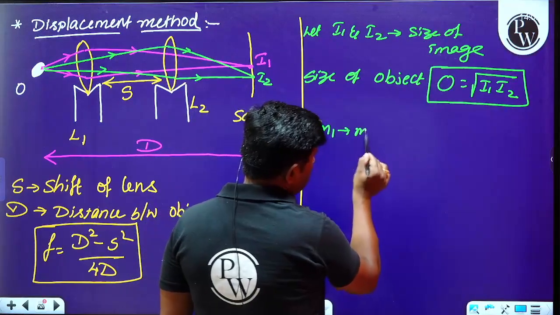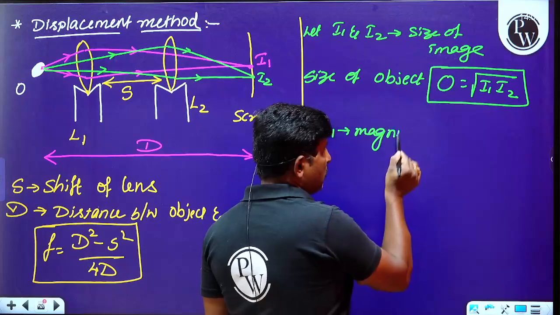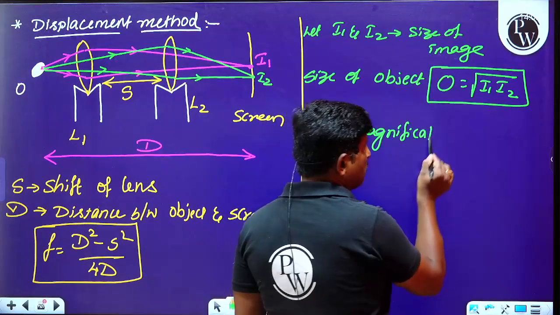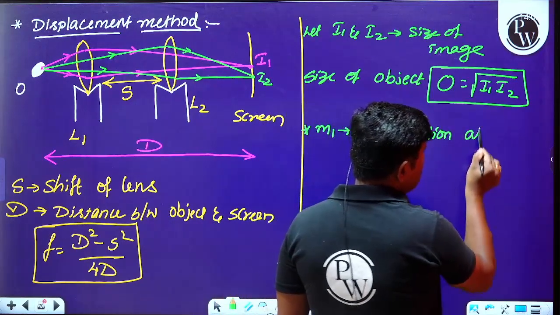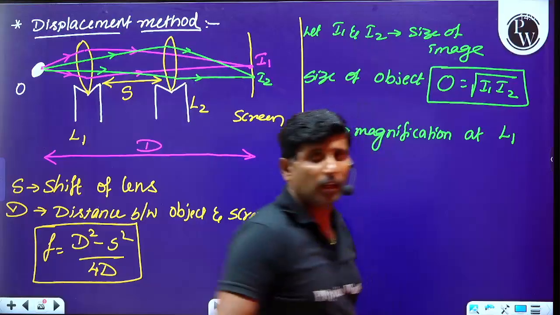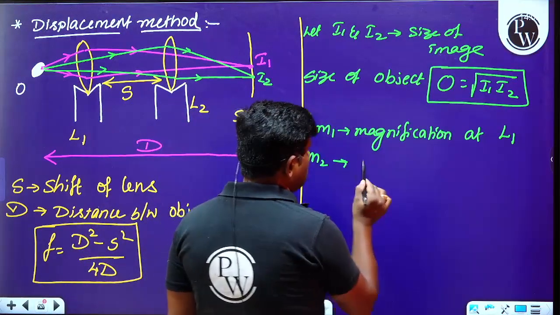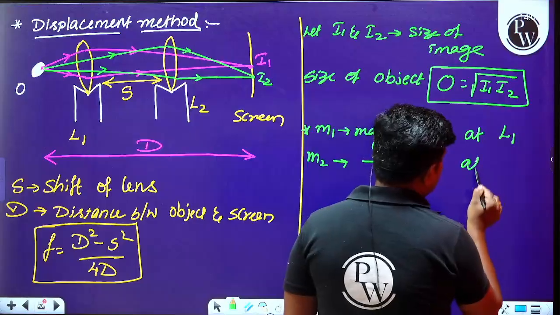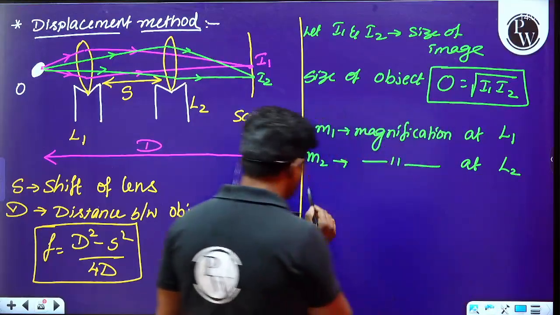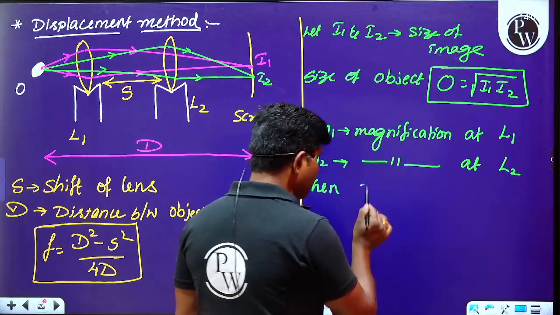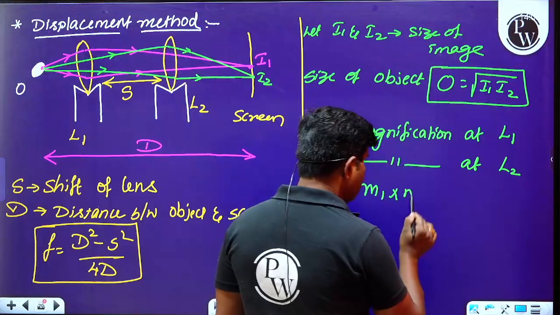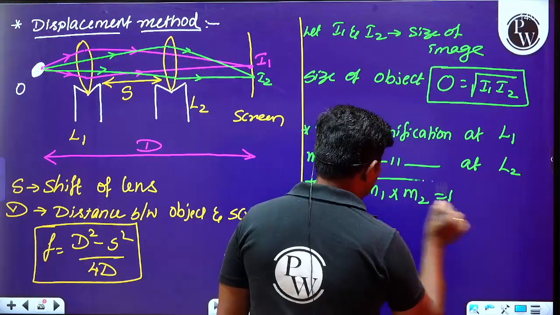So please observe this. M1, what is M1 here? M1 is the magnification at the L1 position of the lens. M2 is the magnification at the position L2. Then we can write the product M1 into M2 is always equal to 1.